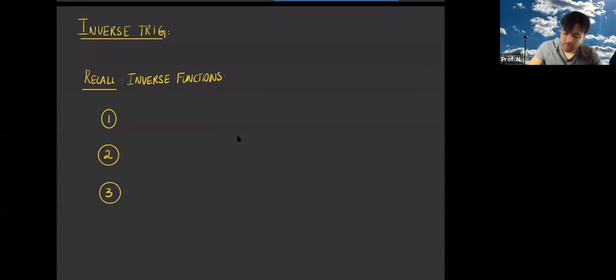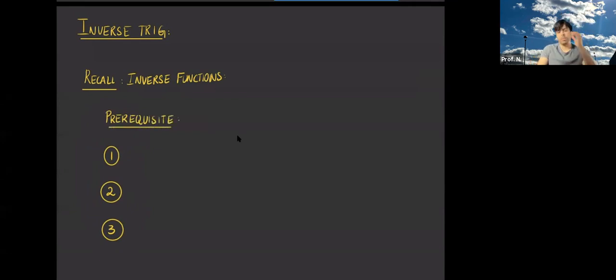And I should say, before we even talk about the properties, does anybody know what is a prerequisite for a function to even have an inverse, to even speak about inverse functions? What must be true about our function? Does anybody know?